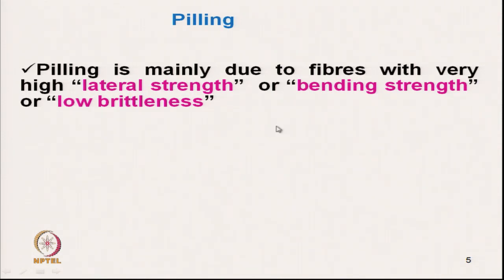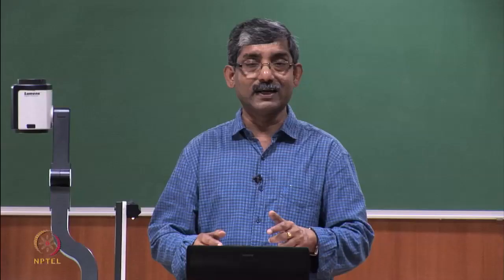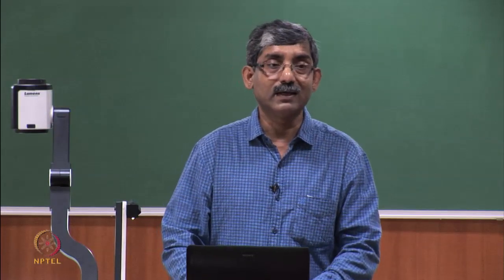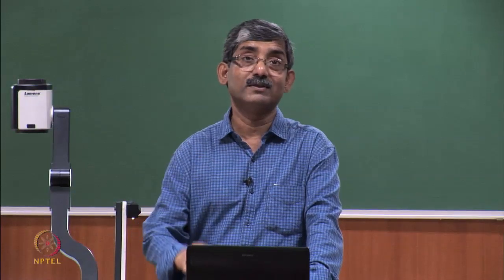Peeling is mainly due to fibers with very high lateral strength, as I have just mentioned, or bending strength, or low brittleness. So, if we increase the brittleness, then we can improve the peeling behavior. Peeling tendency will be reduced.